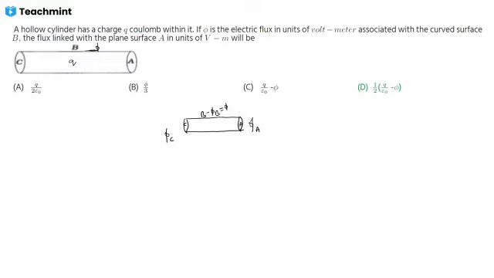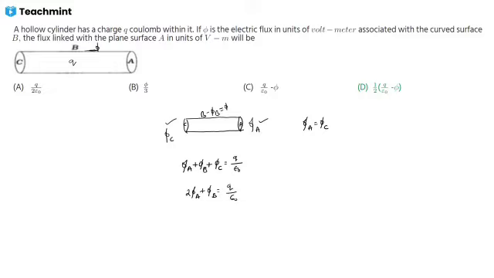Now according to the Gauss theorem, the total flux phi A plus phi B plus phi C will be equal to the amount of charge enclosed divided by epsilon naught. But if you observe the diagram, according to the symmetry, we can say that phi A is equal to phi C. So I will write this equation as 2 phi A plus phi B is equal to q by epsilon naught.